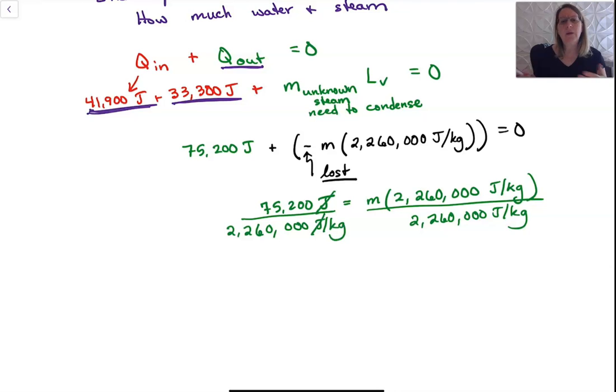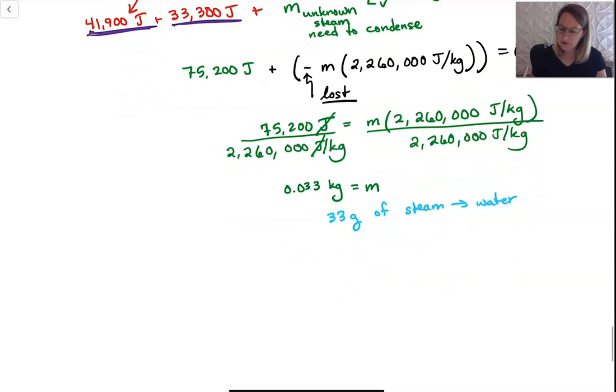The kilogram is in the denominator, so it pops up to the top, and so then we find that we get a mass of 0.033 kilograms, or we say that we needed 33 grams of steam to turn into water.